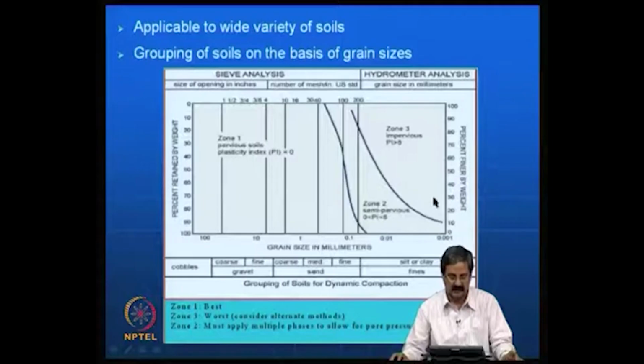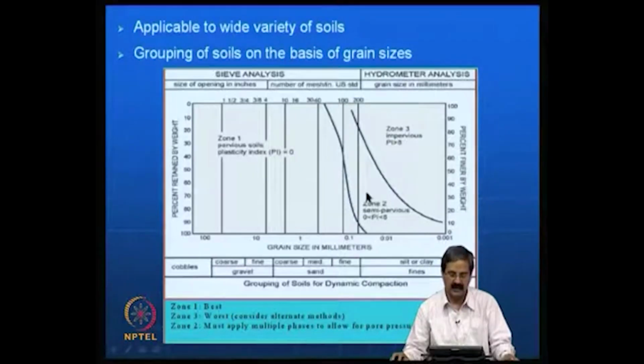Then zone 3, like impervious materials where the plasticity index is more than 8, for example clays, they are not very effective, and so they all come under this region where the grain size is less than 0.1 mm, essentially clay material.